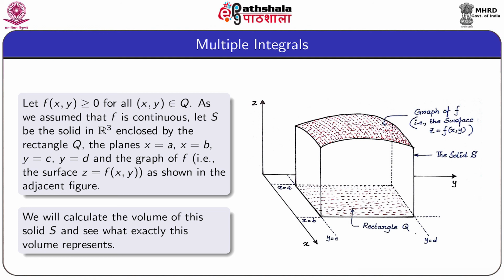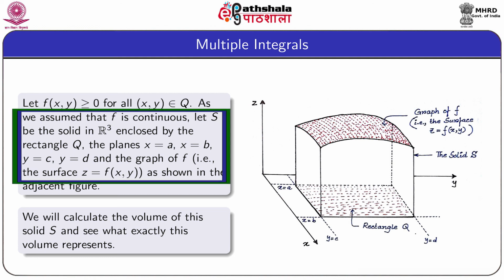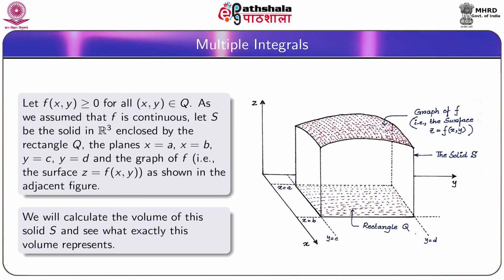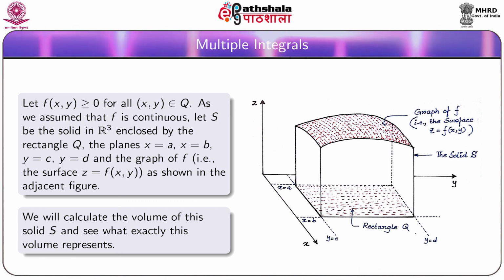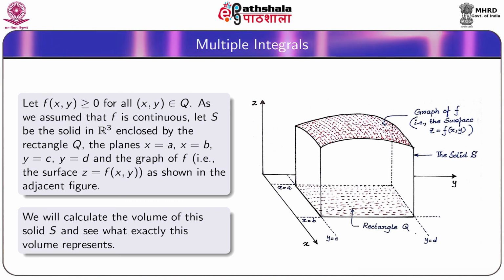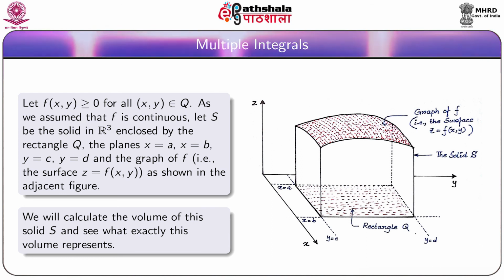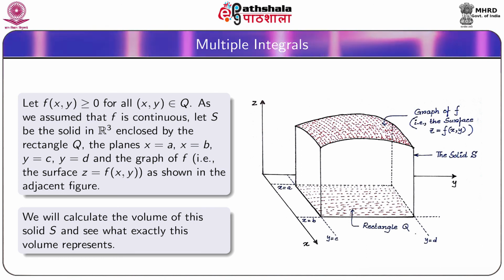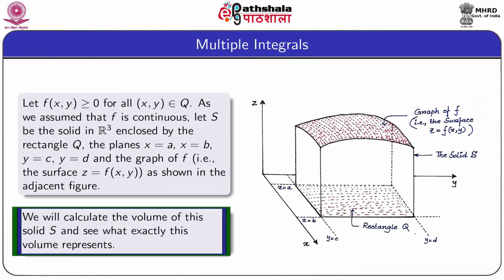Let f(x, y) be non-negative for all (x, y) in Q. As we assume that f is continuous, let S be the solid in R3 enclosed by the rectangle Q, the planes x equal to a, x equal to b, y equal to c, y equal to d, and finally the graph of f, that is the surface given by z equal to f(x, y), as shown in the adjacent figure. We shall calculate the volume of this solid S and see what exactly this volume represents.